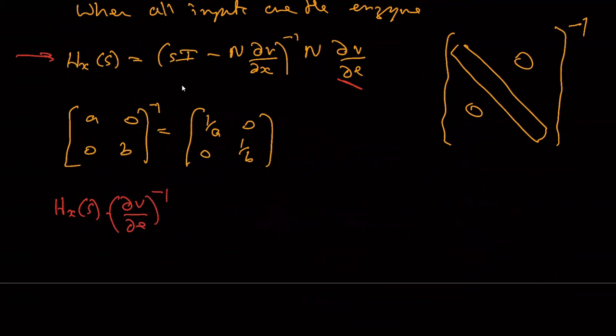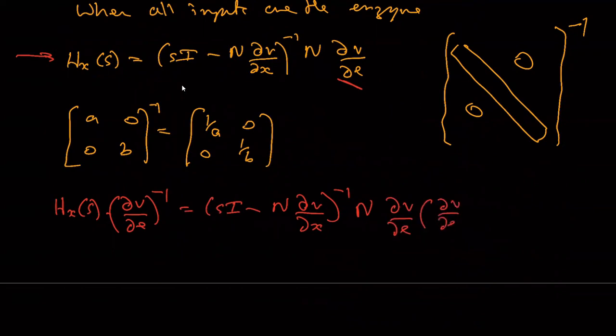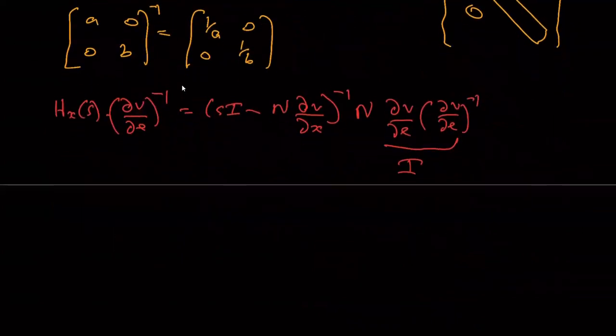I'm going to post-multiply by the inverse, (sI - N dv/dx)^-1 N. Note here, if I multiply by the inverse, this thing becomes the identity matrix, so I can ignore it.